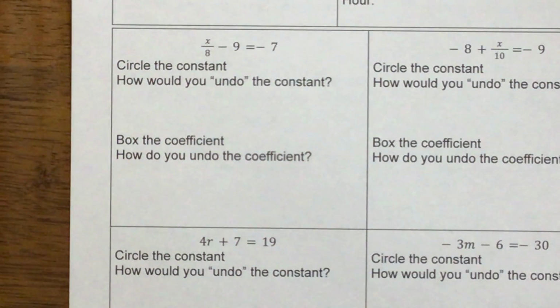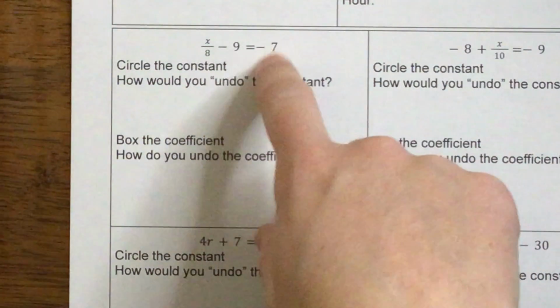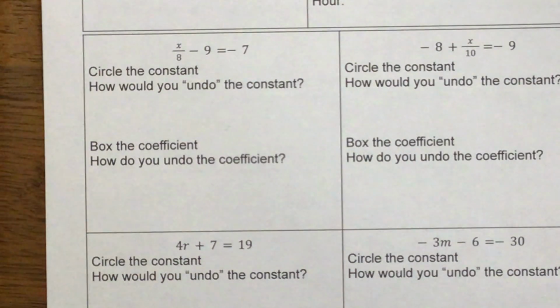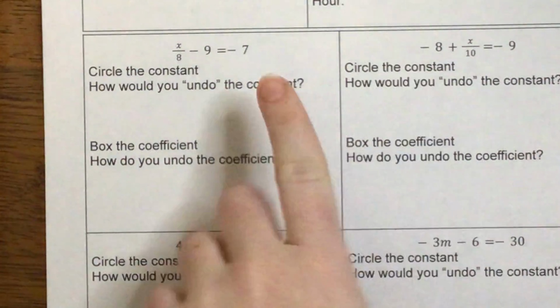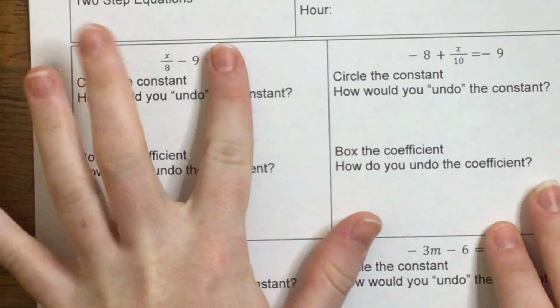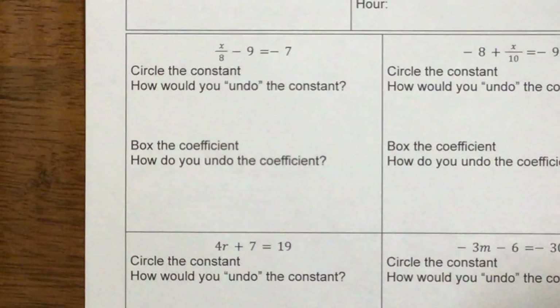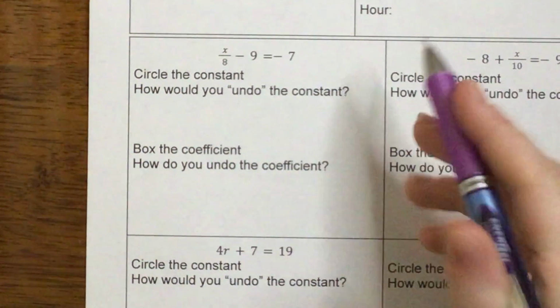We are always focusing on the side with the variable. So what am I doing to the variable? Even though this negative 7 is on its own, it's not the constant because it's not with the variable. So looking at this side, we're going to circle the constant with its sign. Do not forget that part.